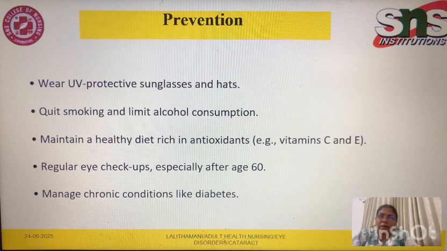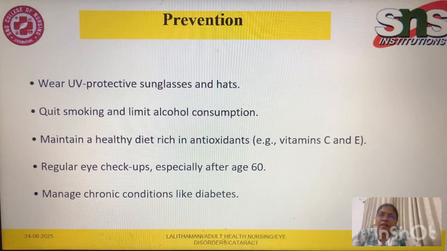Quit smoking and limit alcohol consumption, because these may have an impact on the retina and the retinal blood vessels, including the lens. Maintain a healthy diet which is rich in antioxidants that includes vitamin C and vitamin A. We have seen that if there is a low content of vitamin E, definitely those people will be at high risk.